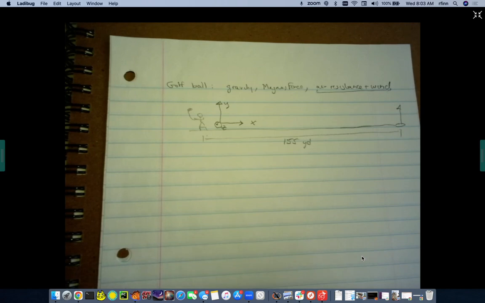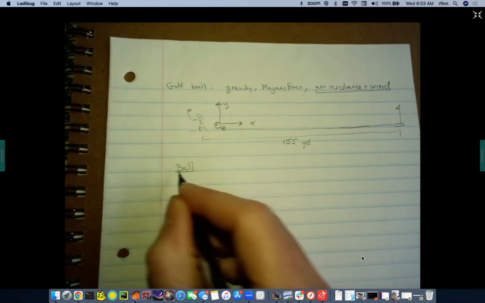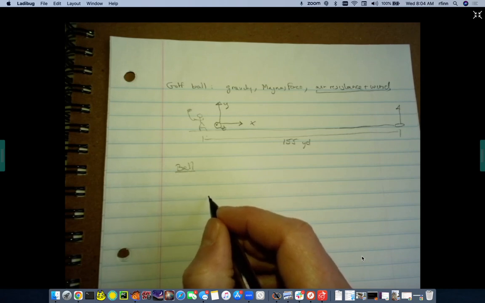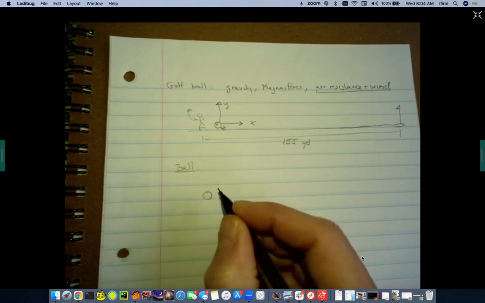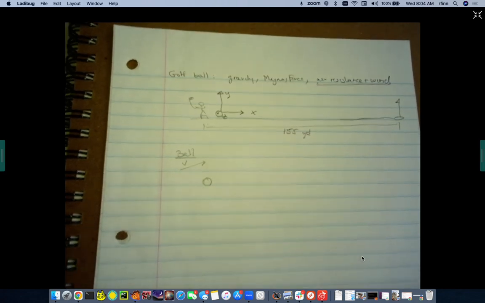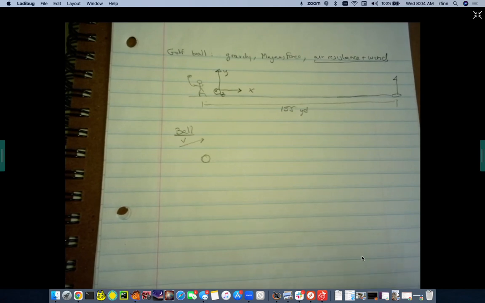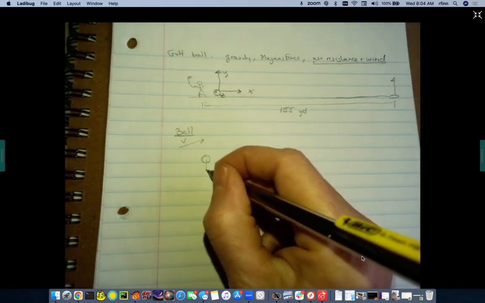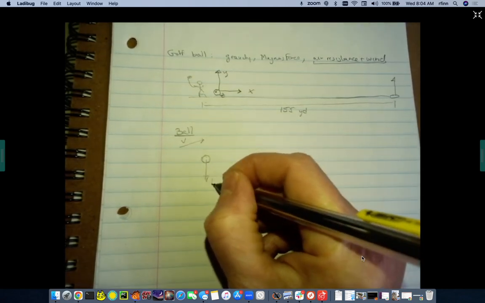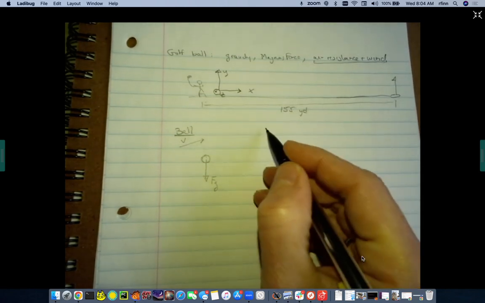Okay. So as the ball is in flight, we just kind of draw our free body diagram. Assume, let's say, the motion is in this direction. We don't put velocities on our free body diagram. But we are going to have the force of gravity. And we're only going to look at the case of backspin.